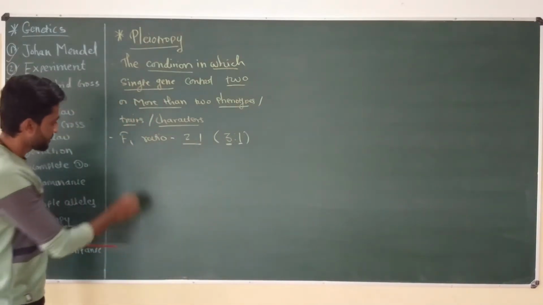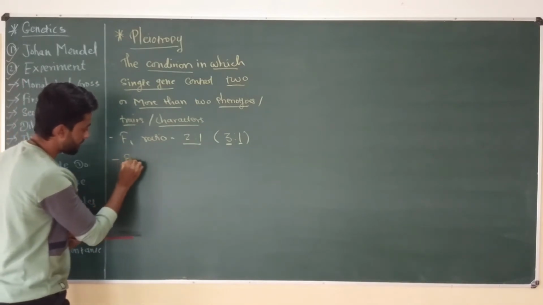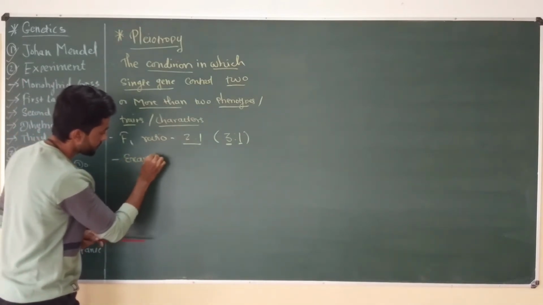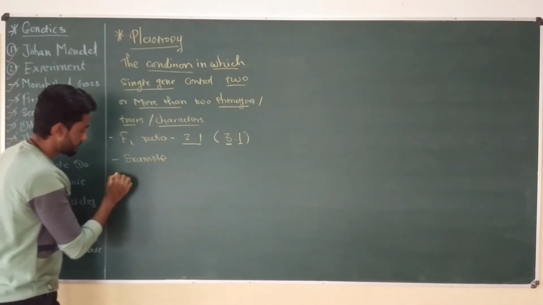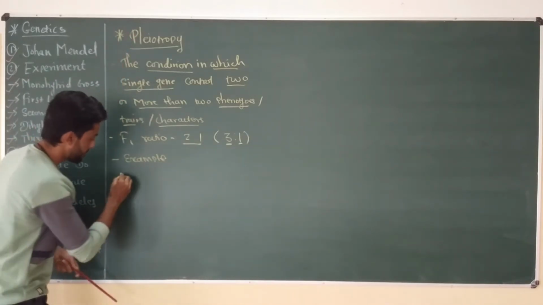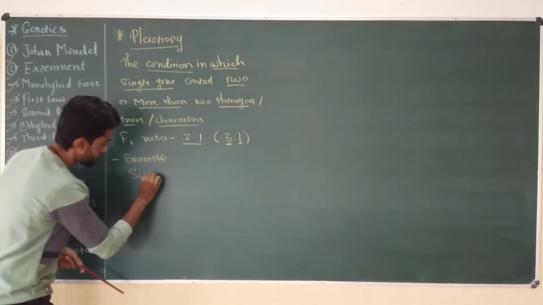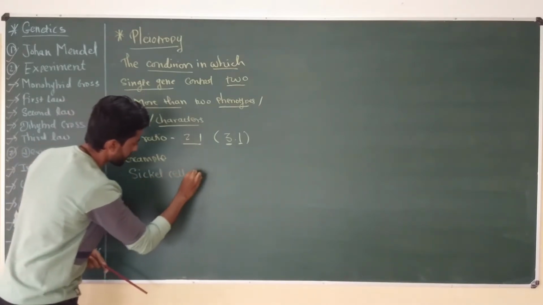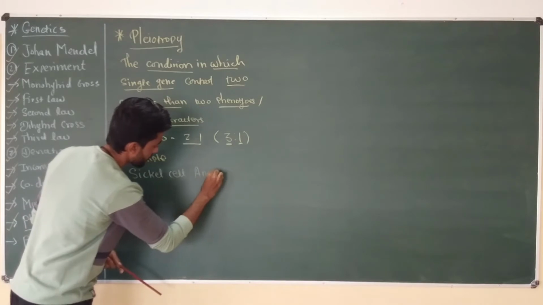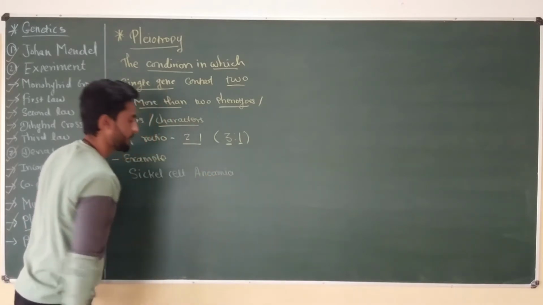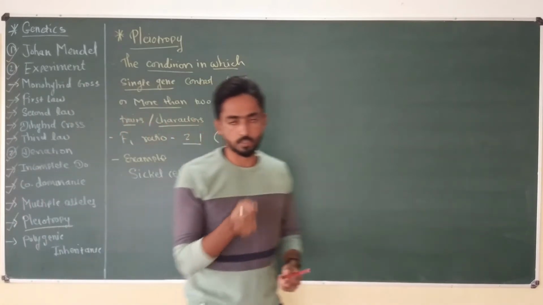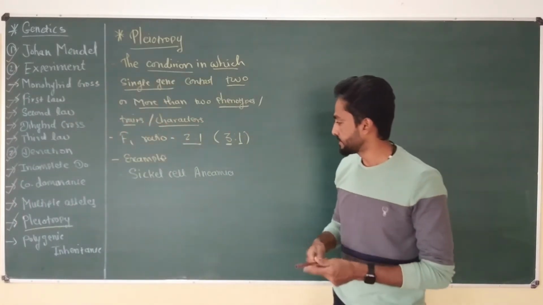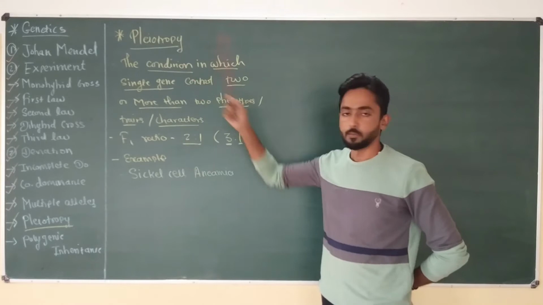Okay, and well-known example of pleiotropism or pleiotropy is sickle cell anemia. Okay, so now the sickle cell anemia is the condition or the disease which can be easily explained with the help of pleiotropism.